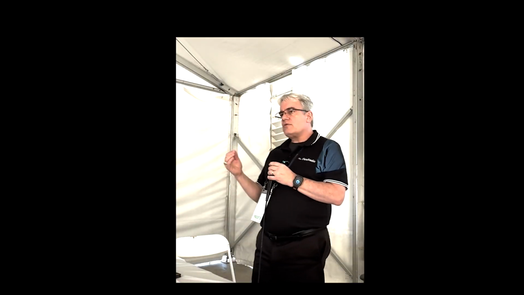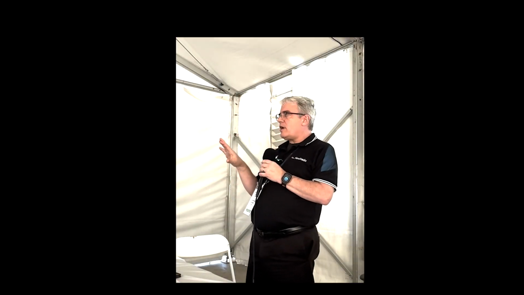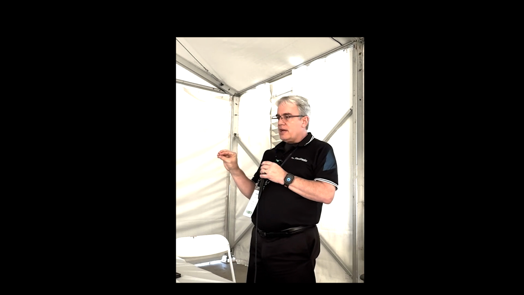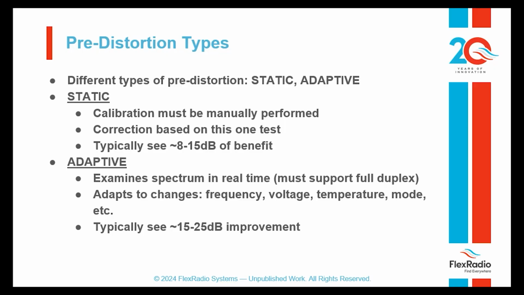In static predistortion, you do some kind of a basic calibration, and then you store that calibration, and then you just use it. And you don't look at anything else going on over time. You can see typically 8 to 15 dB of improvement doing something like that. So you take your radio, you calibrate it once, you store the calibration, and then you operate.